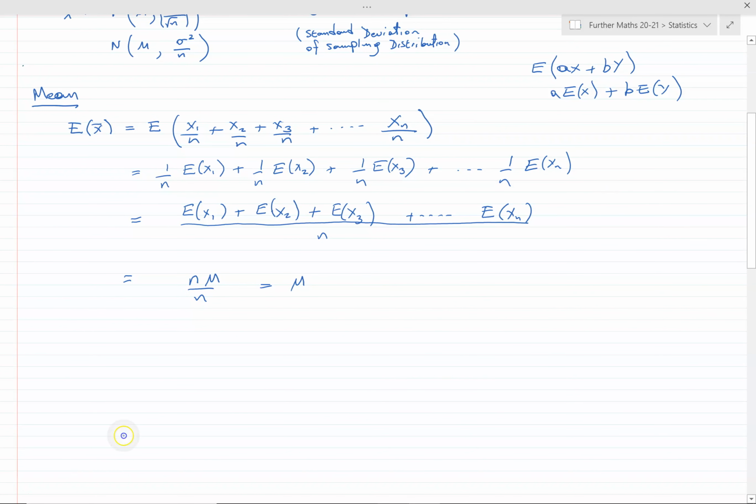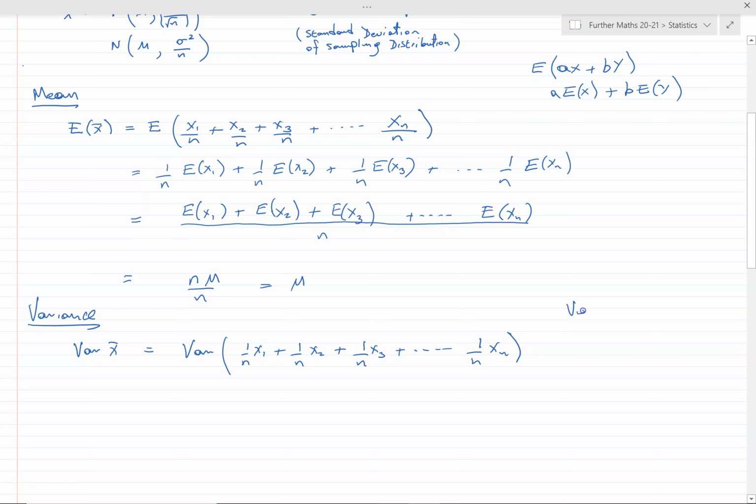Now the standard deviation or variance. Let's do the variance quickly, which then leads to this idea of standard error. So we want the variance of x bar, which is equal to the variance of, and I'm going to write it like 1 over n x1 plus 1 over n x2 plus 1 over n x3 and so on. Let's write it like that.